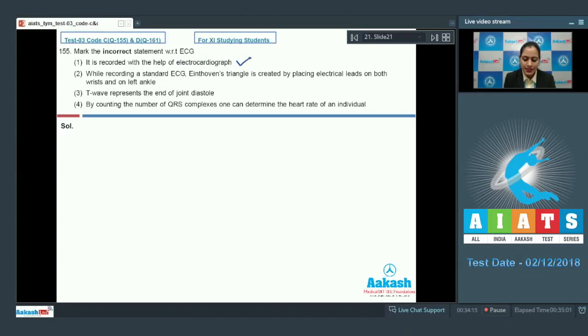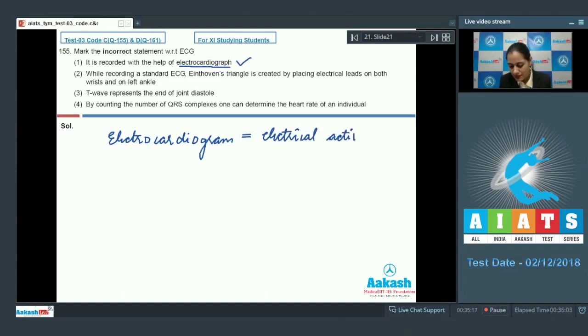And this is a correct statement, because electrocardiogram represents the electrical activity of heart, whereas electrocardiograph is a machine.